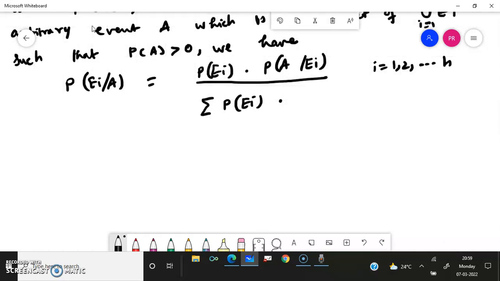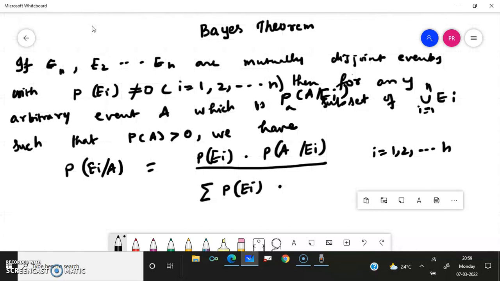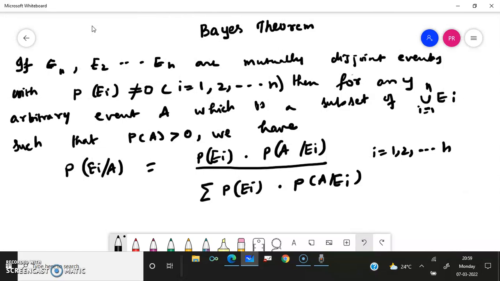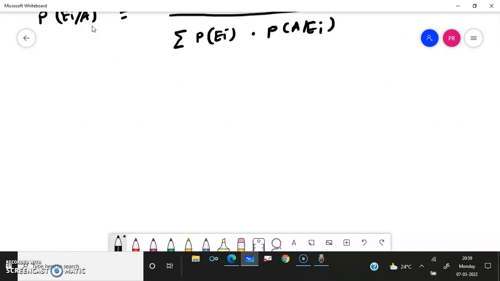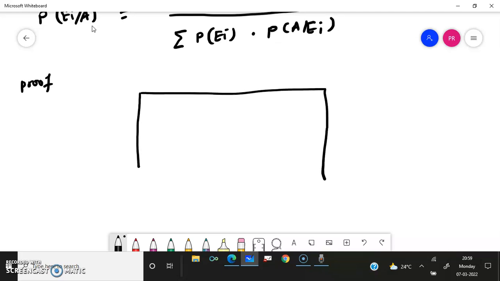For this, first we will start with the diagram. So we will just discuss the diagram. We will consider this as the sample space.